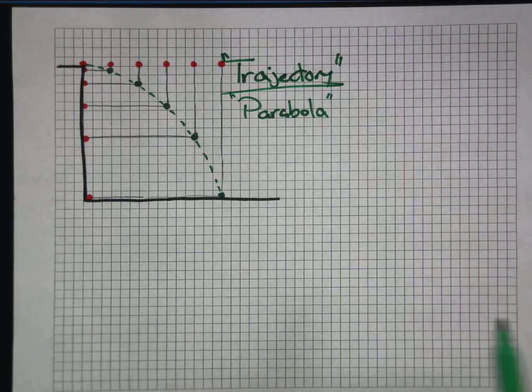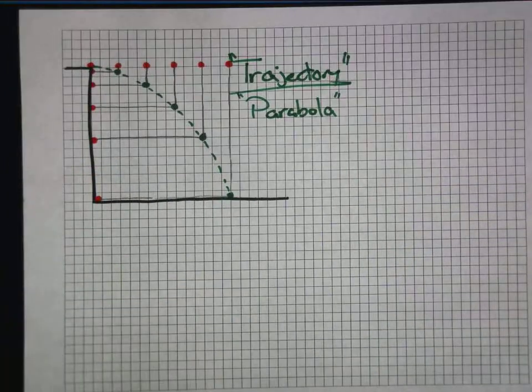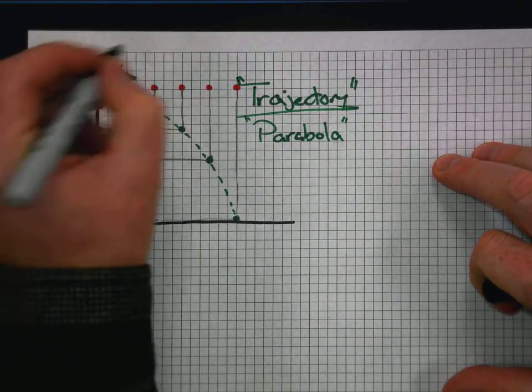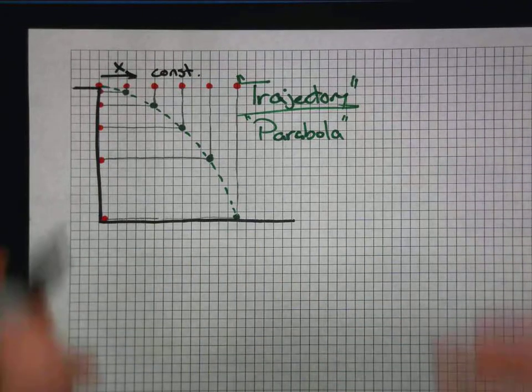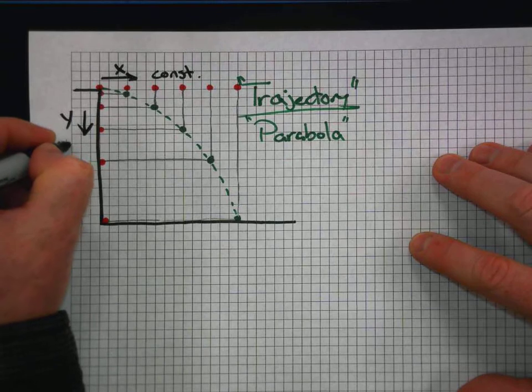Now, that's sort of what I want you to see, that the horizontal motion is constant in the x direction. We have constant motion. And in the y direction, we have accelerated motion.